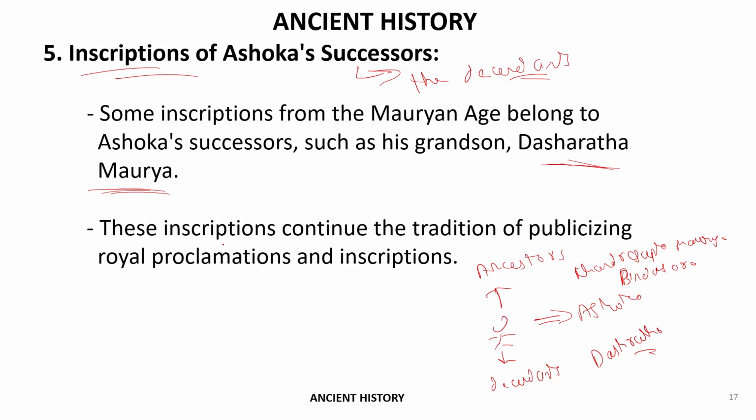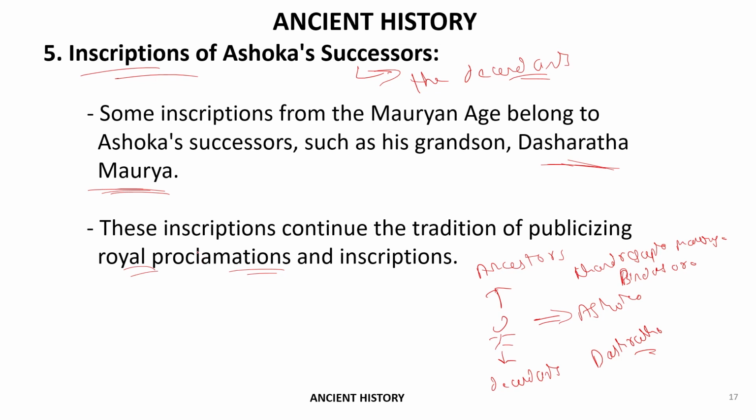These inscriptions continued the tradition of publicizing royal proclamations. Okay, so the same policy which was adopted by Ashoka, to promulgate his ideas, his views, policies, so that the local people would have a clear understanding of the ruler's mindset and royal family decisions.